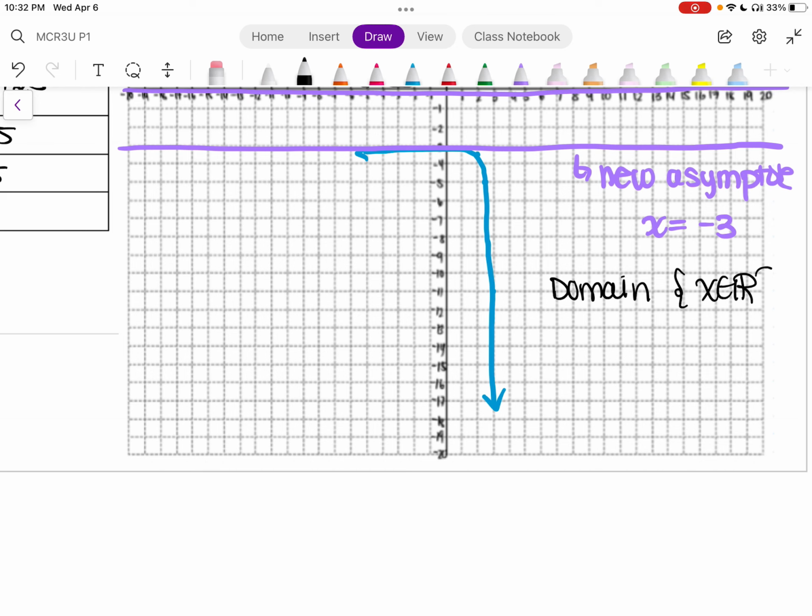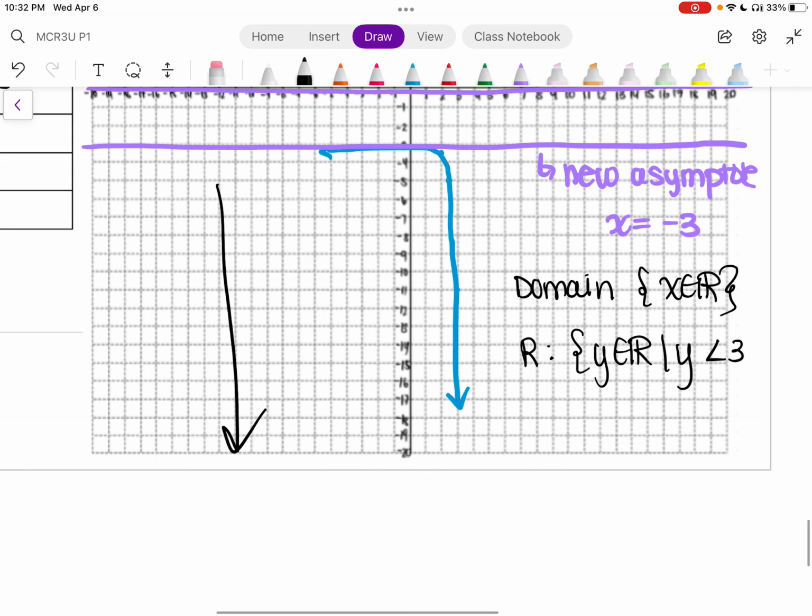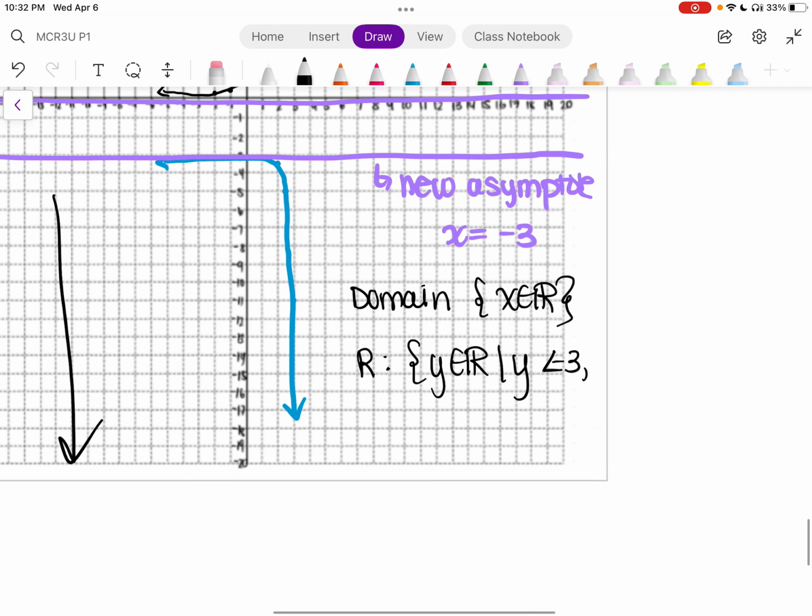They're all real numbers, but my range changes. My range is going to be y is an element of all real numbers such that y is less than negative 3, right? Because look, the y's are only going in the lower direction. And it's less than, not equal to, because it never actually touches negative 3.